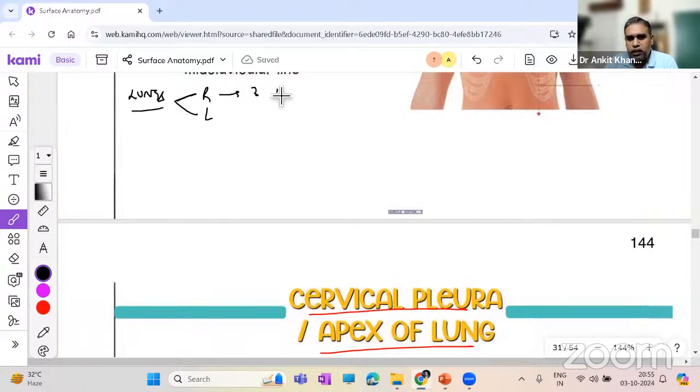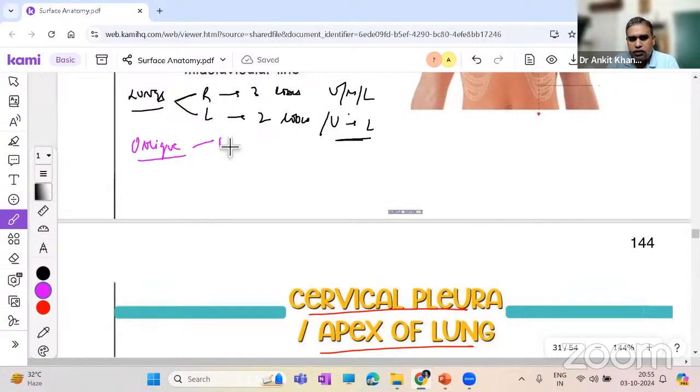The right lung has 3 lobes: upper, middle, and lower. The left lung has 2 lobes: upper and lower. Between these, we have a few fissures. Both lungs have an oblique fissure, present in both right and left lung. But as the right lung has 3 lobes, it has an extra fissure known as the horizontal fissure, present only in the right lung. Is this clear?